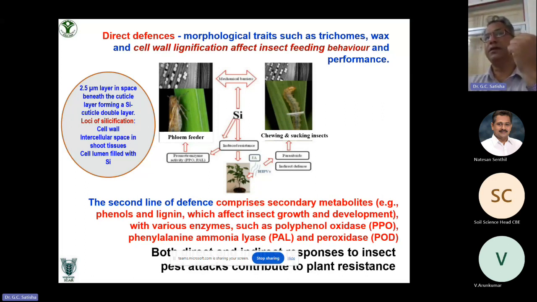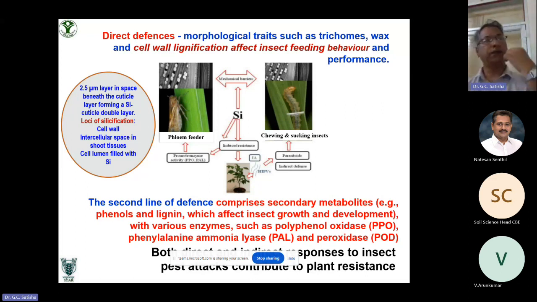In such cases, if they enter the leaf tissues, the mandibles will break. So this is one way the mechanical barrier works. This is the mechanism by which we can control chewing and sucking pests.